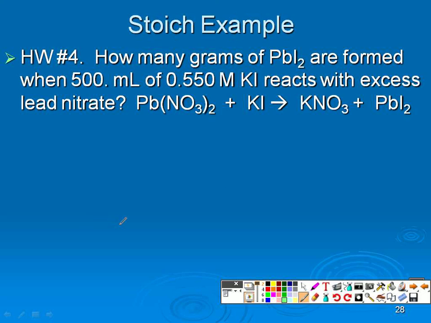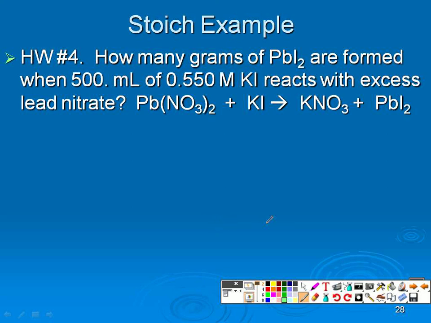So now that we have moles, we can do some stoichiometry, which means we're going to take the 0.275 moles of KI and do the mole ratio. We know we have 2 moles of KI to 1 mole of PbI2. I just got those numbers from the coefficients.